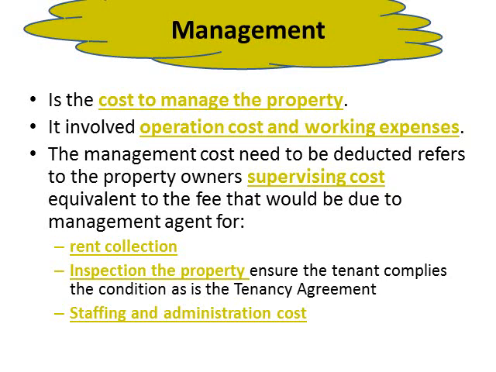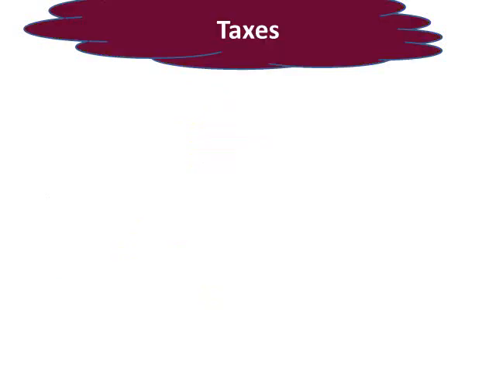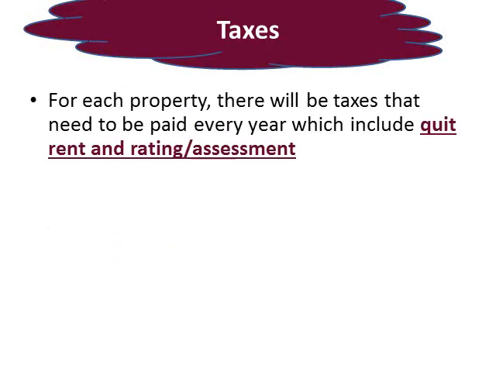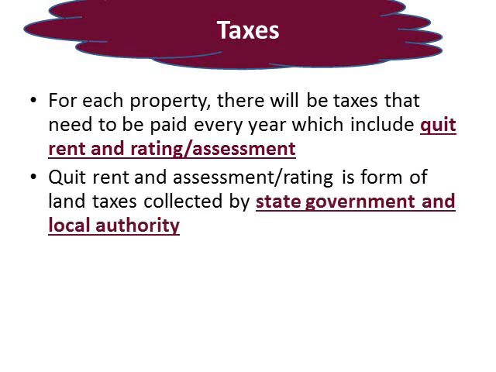All right, so the next one is taxes. For each property, there will be taxes that need to be paid every year, which include quit rent, rating assessment, and any other property taxes. Quit rent and assessments are forms of land taxes collected by the government and local authority.